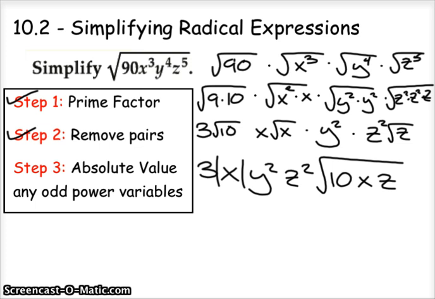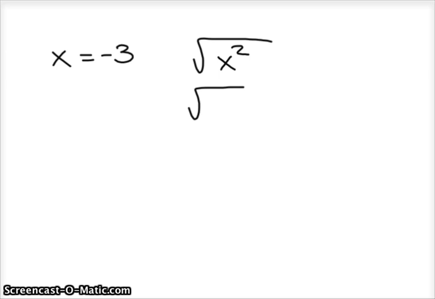Here's the reason why. Let's give this situation. I will say I have a variable, x, which is equal to negative 3, and I want to know what the square root of x squared is. So for the square root of x squared, I'll substitute in for x. That's the square root of negative 3 squared, which is the square root of 9, and the square root of 9 is 3.